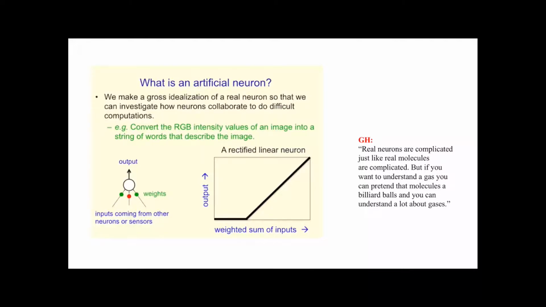So he says real neurons are too complicated, just like real molecules are too complicated. But if you want to understand a gas, for example, you can pretend that the molecules are billiard balls. And you can understand a lot about gases if you just conceptualize molecules as billiard balls bouncing against each other.